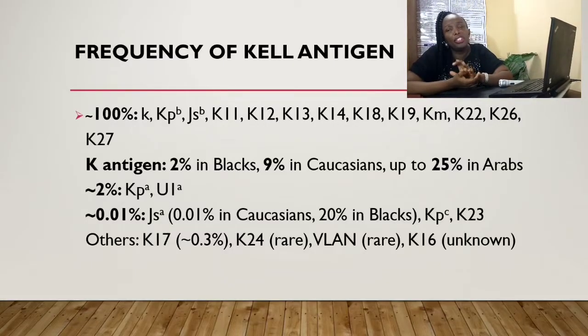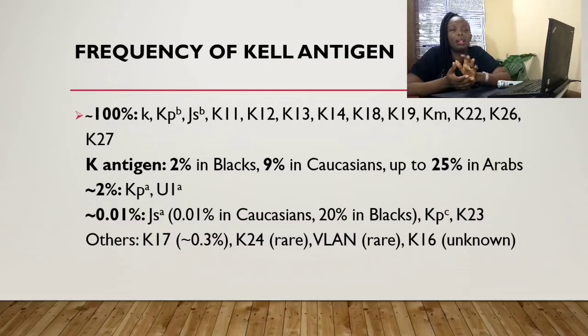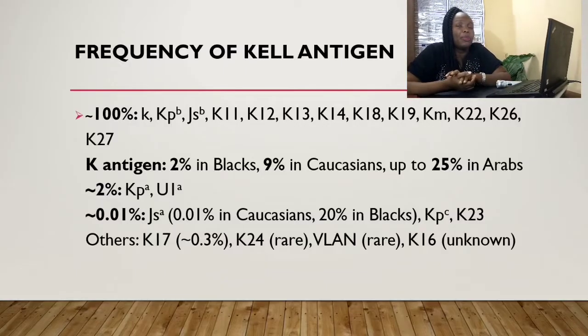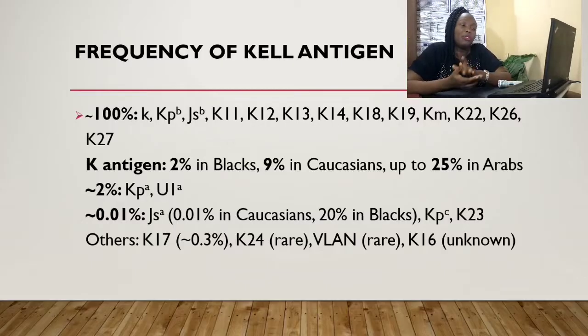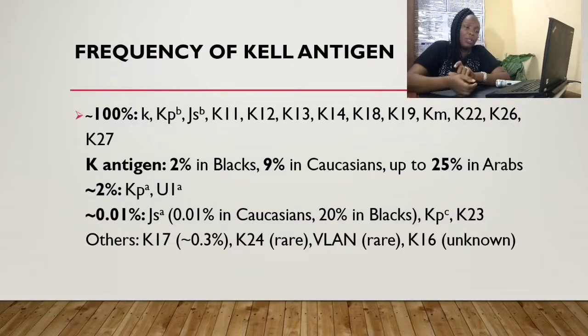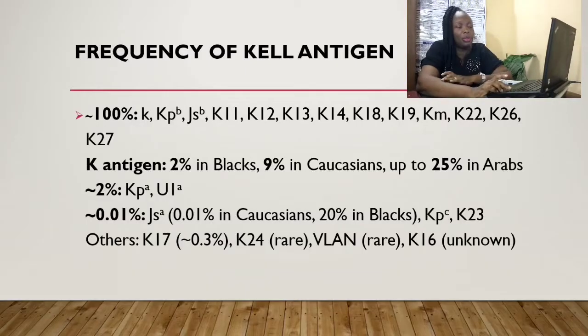Why is the big K antigen rarely found? You have only 2% of it in Blacks, 9% in Caucasians, and up to 25% in Arabs. And then you have the JSA, about 0.01% in Caucasians, 20% in Blacks. And then you have others that are also very rare, as shown on the slide.